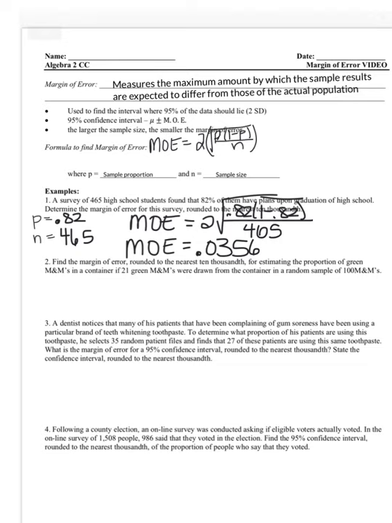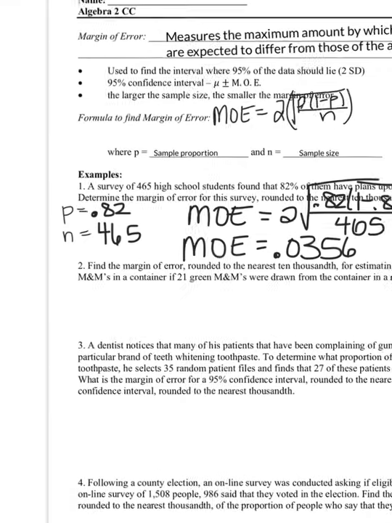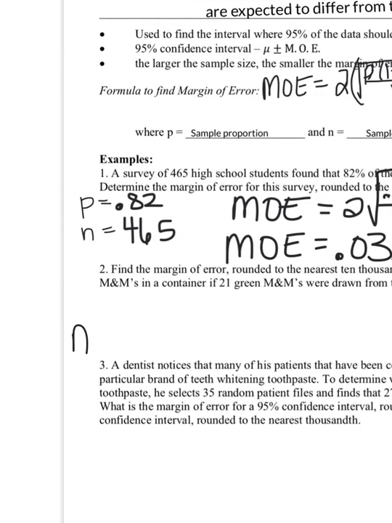Anyway, number 2. Find the margin of error, again round to the nearest 10,000th, for estimating the proportion of green M&Ms in a container, if 21 green M&Ms were drawn from the container in a random sample of 100 M&Ms. So again, your N is the sample size, which is out of how many total.